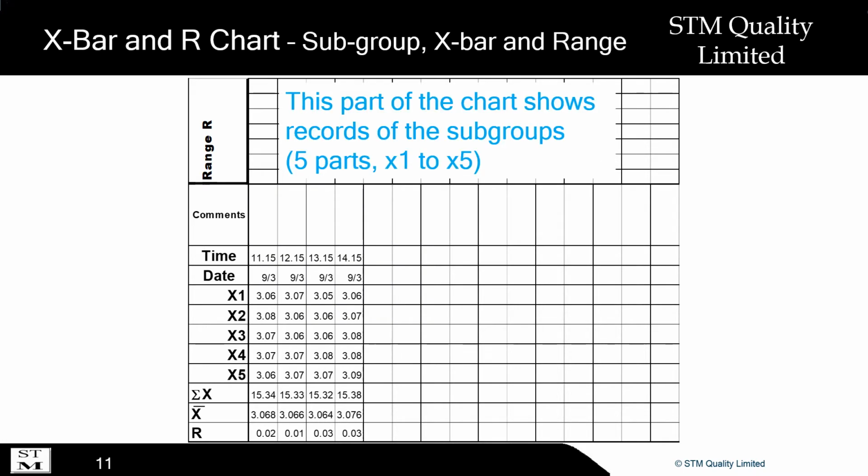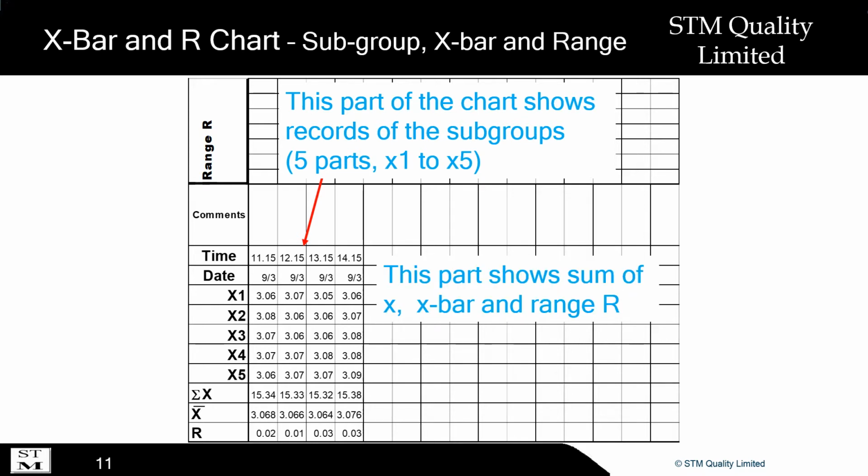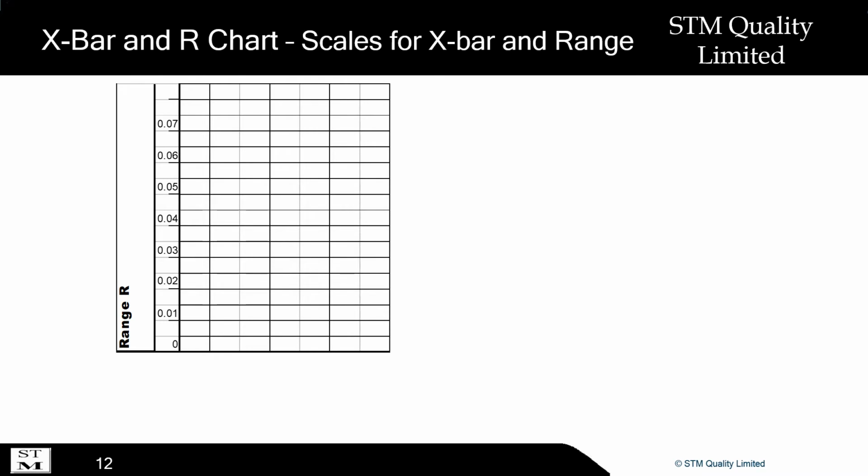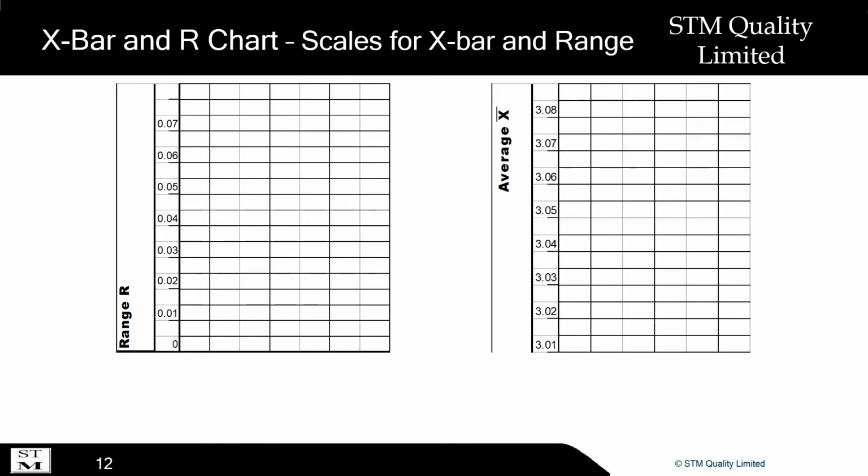This part of the chart shows records of the subgroups, 5 parts, x1 to x5. This part shows the sum of x, x bar and range R. Scales are chosen for R and x bar.